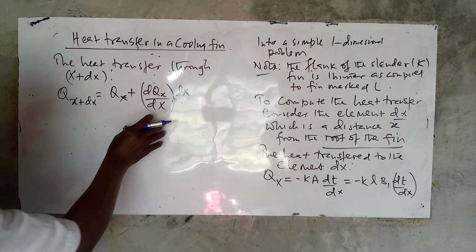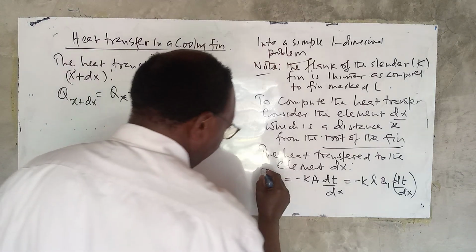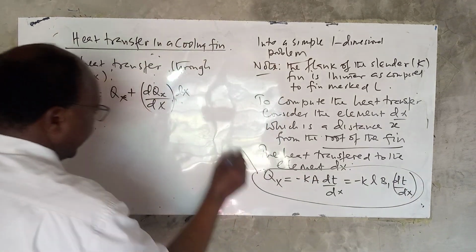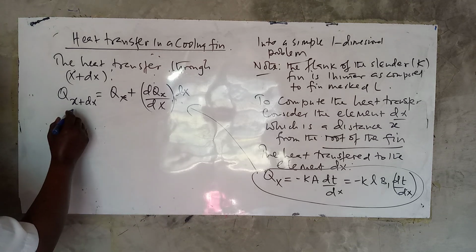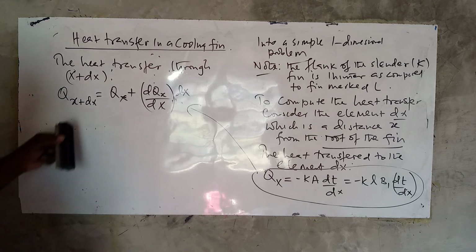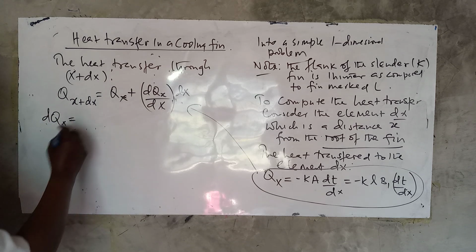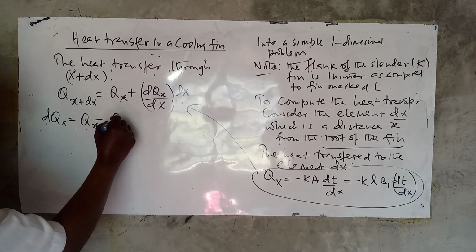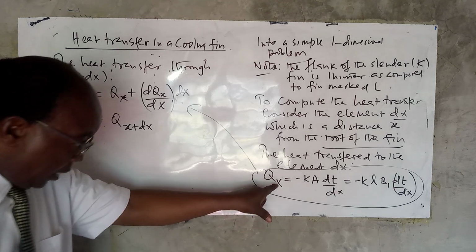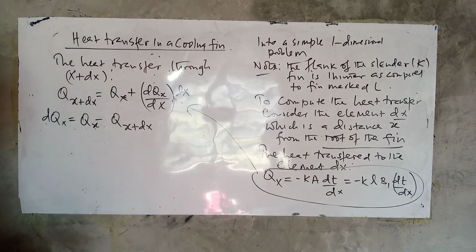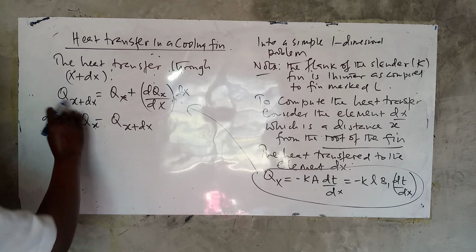Now, what does that mean? This means that if we take this quantity here and substitute it there, we can obtain dq of x, which would simply be qx minus qx plus dx. So we have qx, and we have the expression for qx plus dx. We just substitute those quantities and our life is simple.